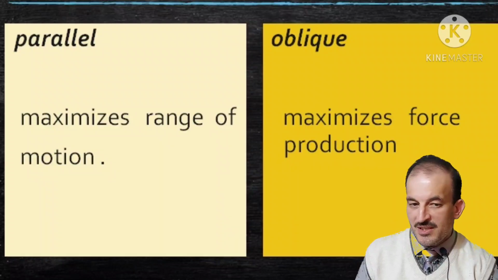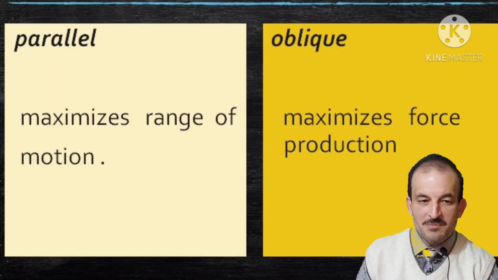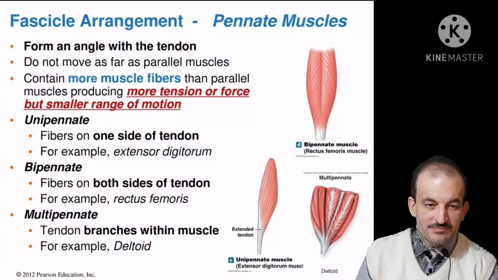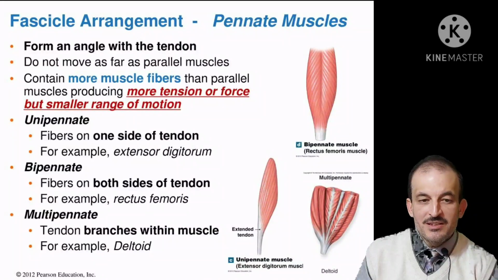The range is more here, while the force is more here at the oblique muscles. As seen in this slide, this is not very important, but I want you to look at this red line: more tension or force, but smaller range of motion.